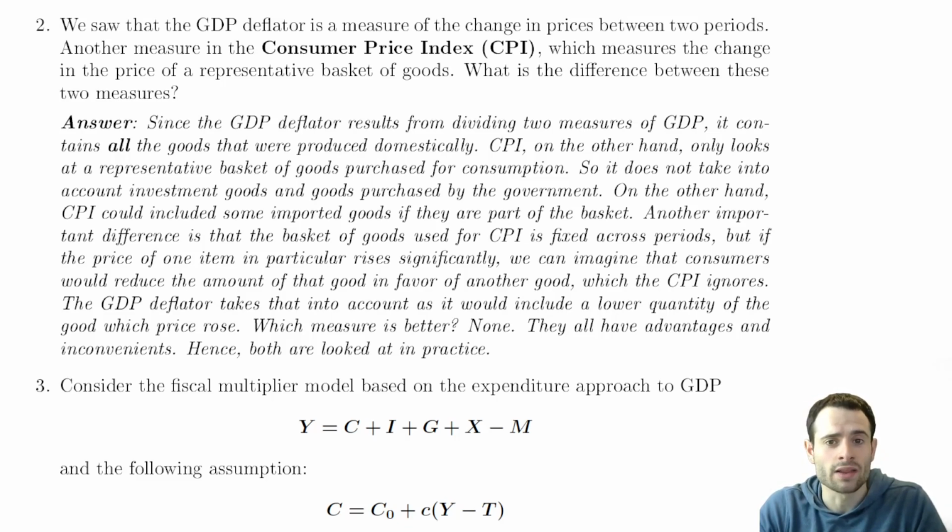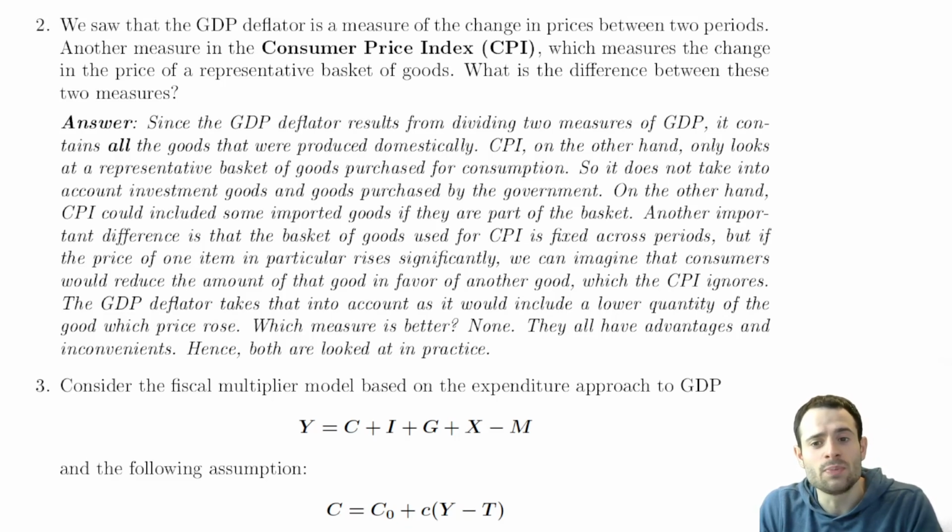You can imagine as well that the price of bananas will suddenly increase because countries producing bananas experience again a natural disaster. In this case, you can imagine consumers substituting bananas for other fruits like apples or oranges. Suddenly apples will take bananas' fraction of their budget, but the CPI ignores that phenomenon.